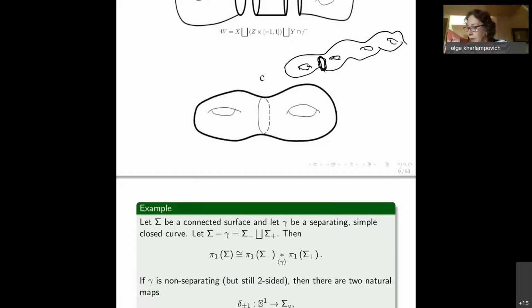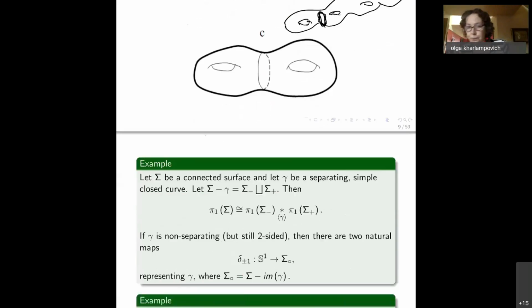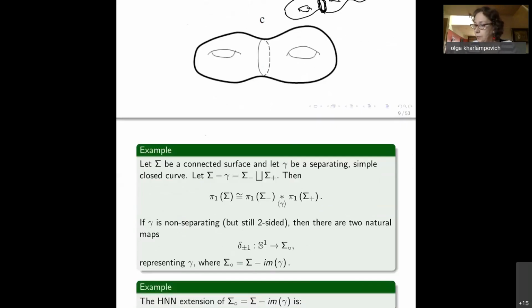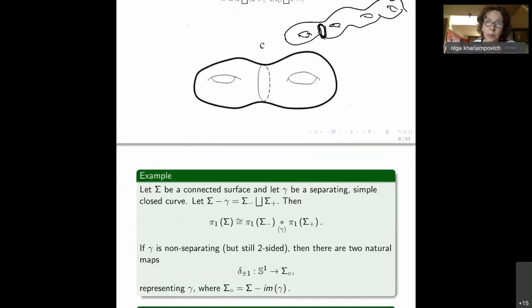So this is an example of how an amalgamated product appears.